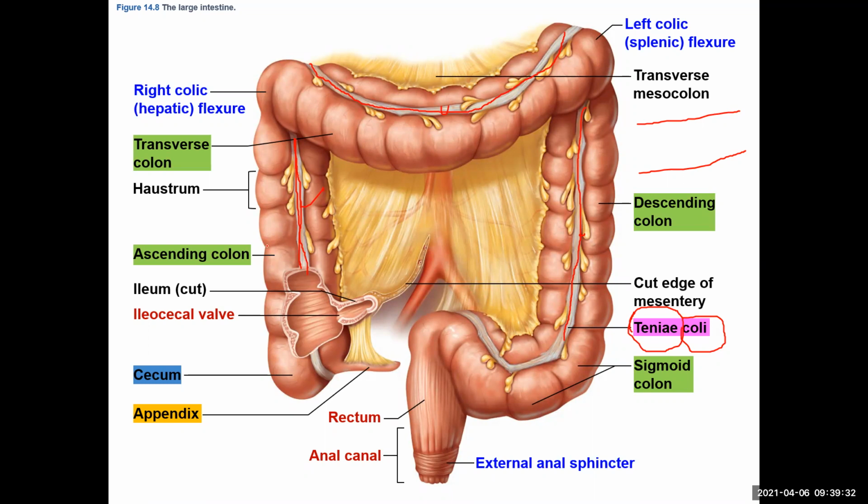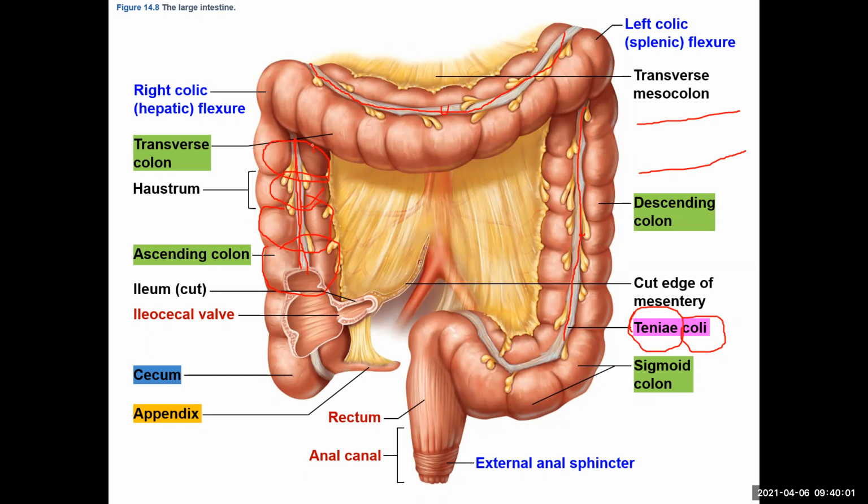And this is one haustra, another haustra, another haustra, another haustra. Once we discuss the physiology, you will be able to understand the importance of each haustra, how the haustral contractions help in the movement of waste products throughout our large intestines.